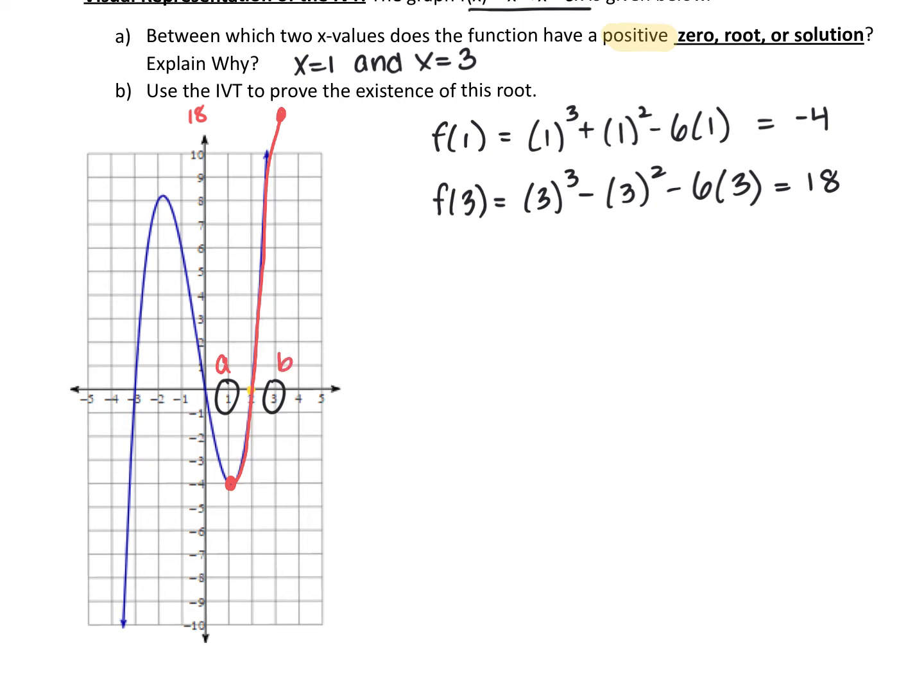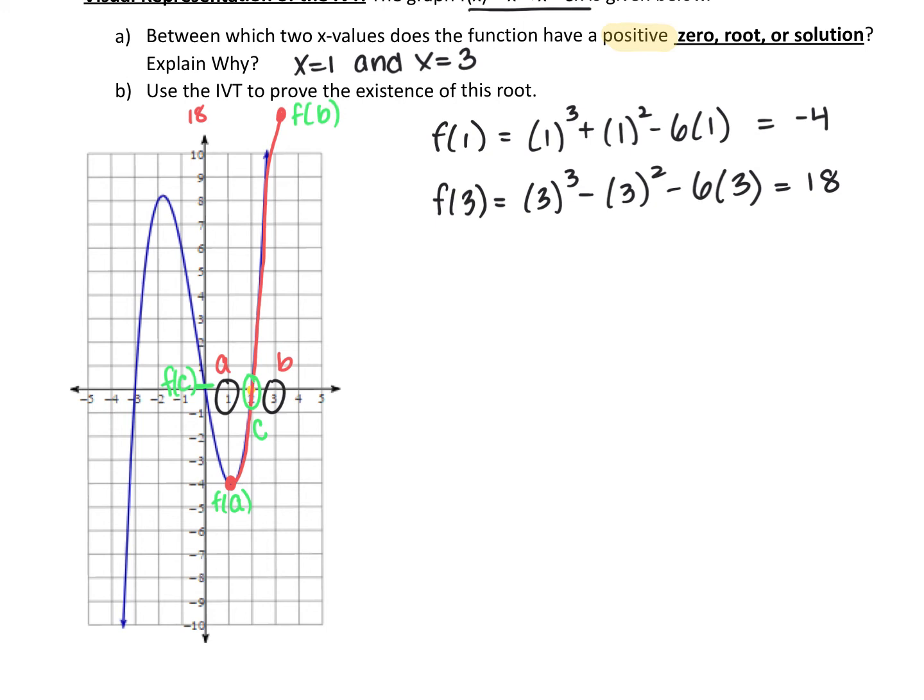There exists some c value, which we'll call here in the middle, such that it's between, if this is your f of a y value, and this is your f of b y value, there's an f of c right here in the middle. So the c value would be 2, such that the f of c is between these. So this works. That is your intermediate value theorem.